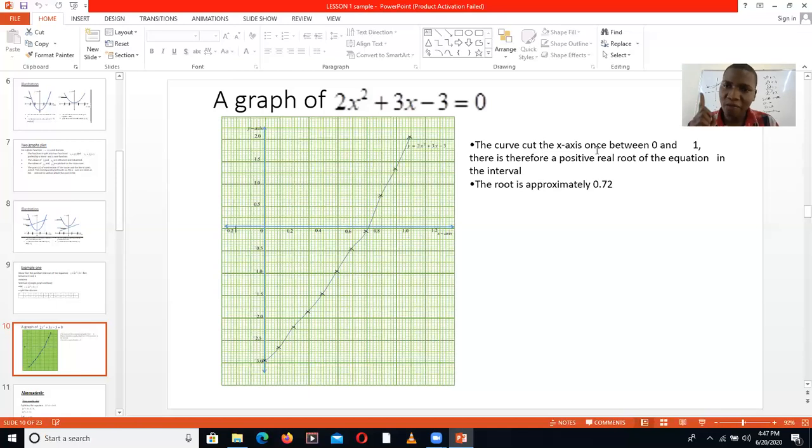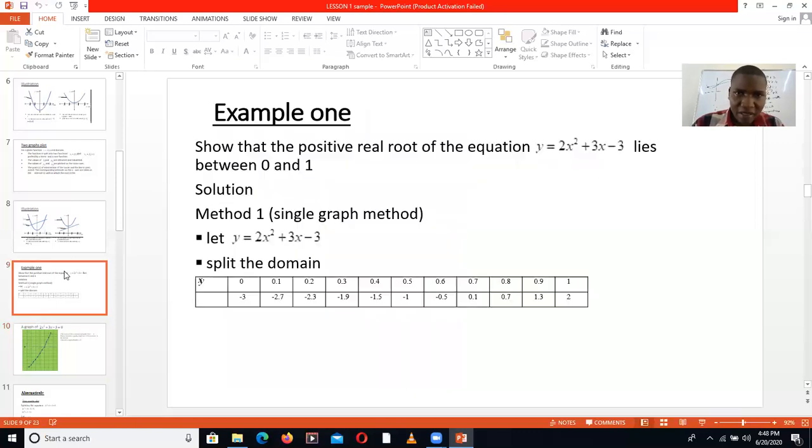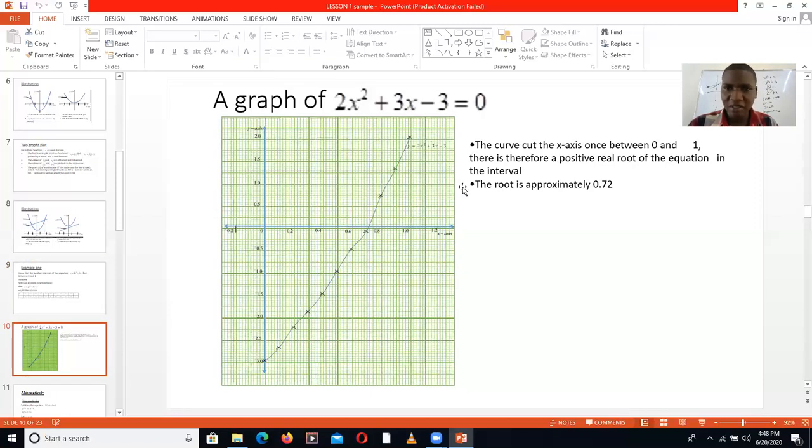There is therefore a positive real root of the equation in the interval 0, 1. The interval must be here. So that is it. Did they ask for any other thing? They said it lies between 0, 1, and that's what we've done. Our root lies between them. So here I've stated the approximate root, but you may not state it.